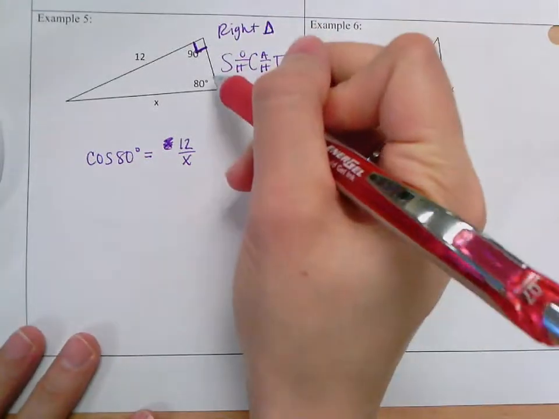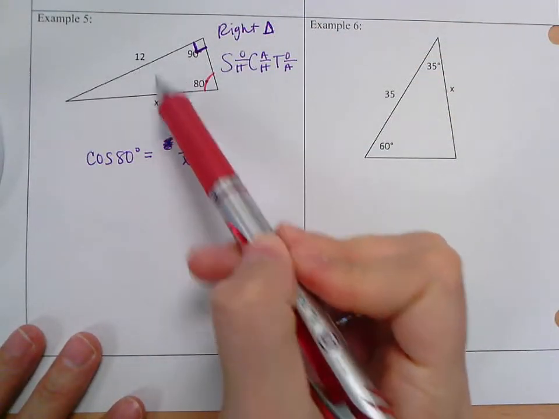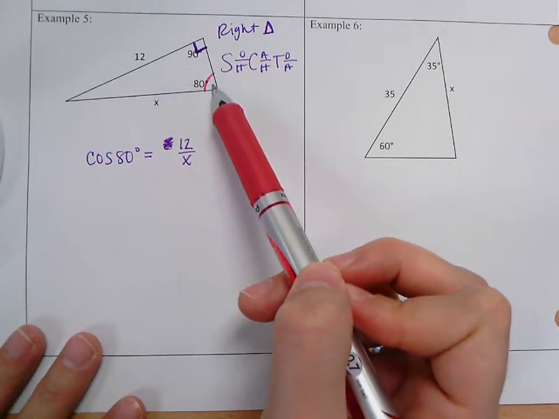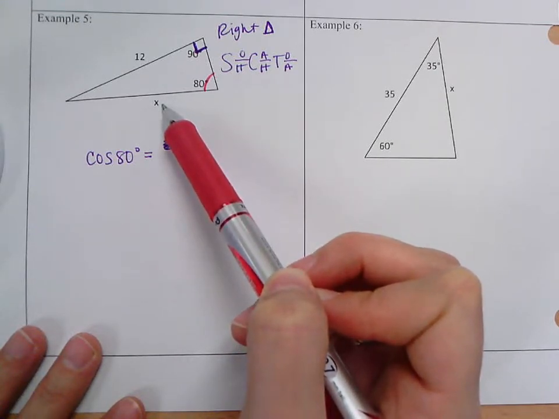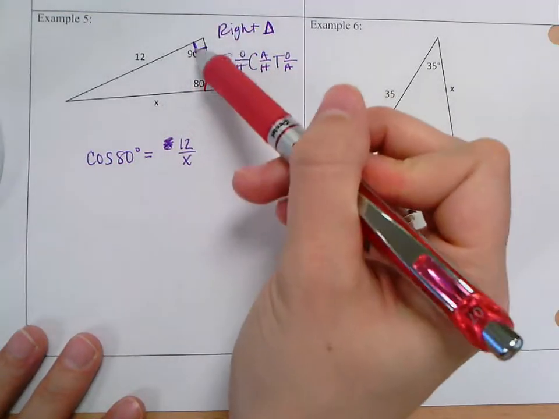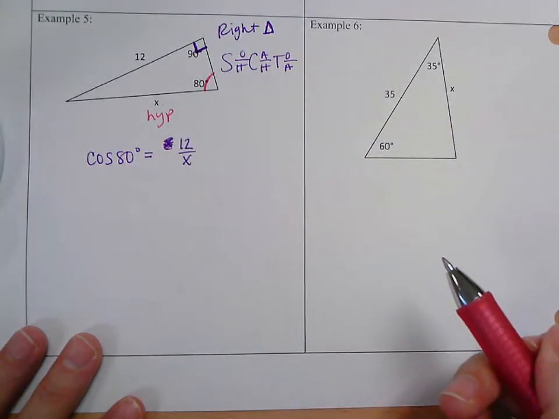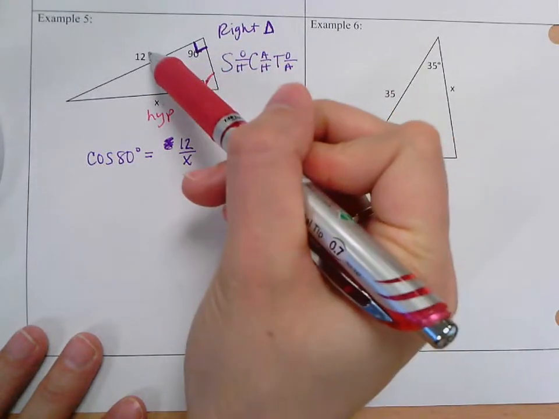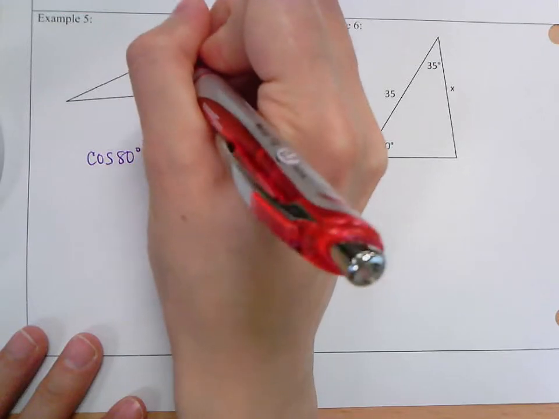So we have the 80-degree angle here. And we have the 12 and the x. In relation to the 80 degrees, what is the x? X is opposite the 90. I know it's a weird looking triangle. It's the hypotenuse. What is 12? 12 is the opposite.